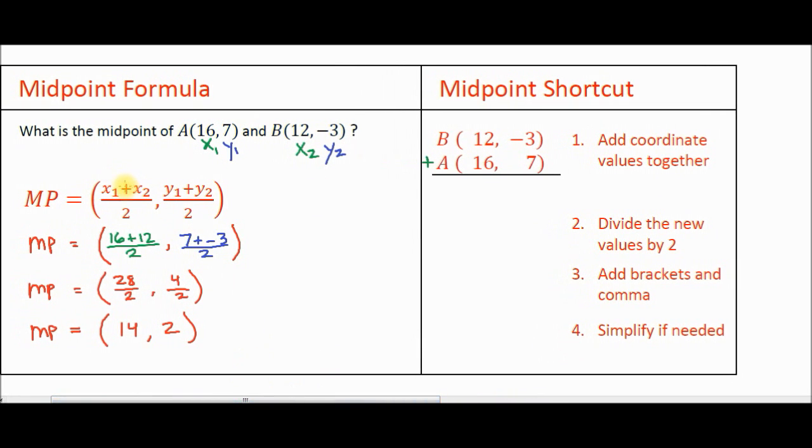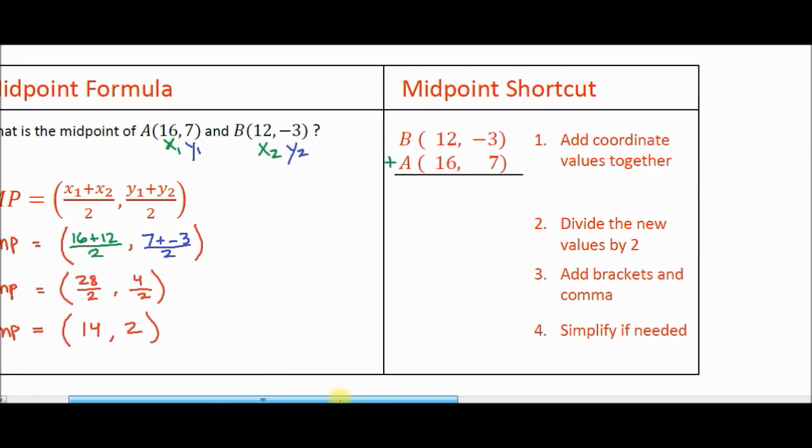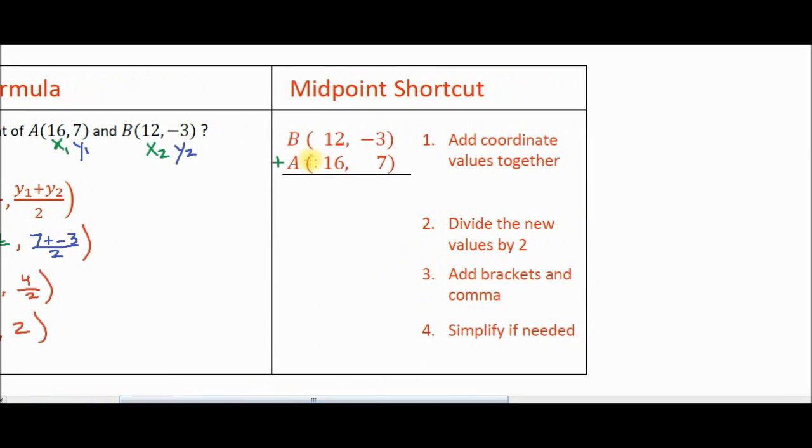In the midpoint formula, we are adding the 2 x values together. We're adding the 2 y values together. Remember, if you can, in the distance formula, we actually subtract the 2 x values and subtract the y values. That's why we subtract when we're using the distance shortcut, but we're going to add when we're using the midpoint shortcut.